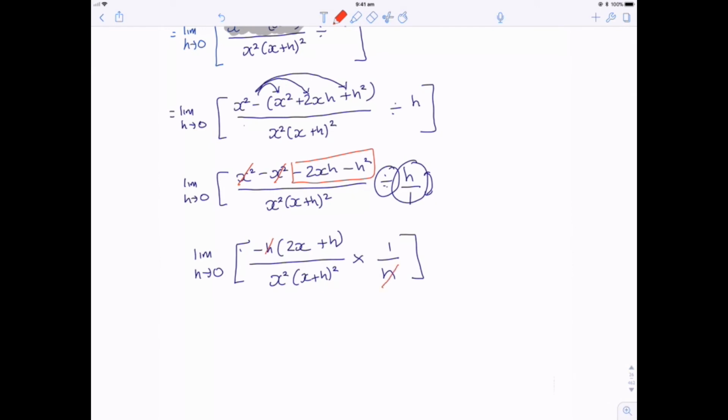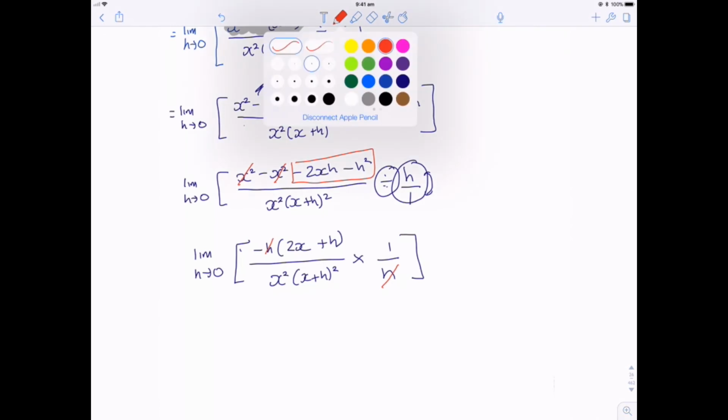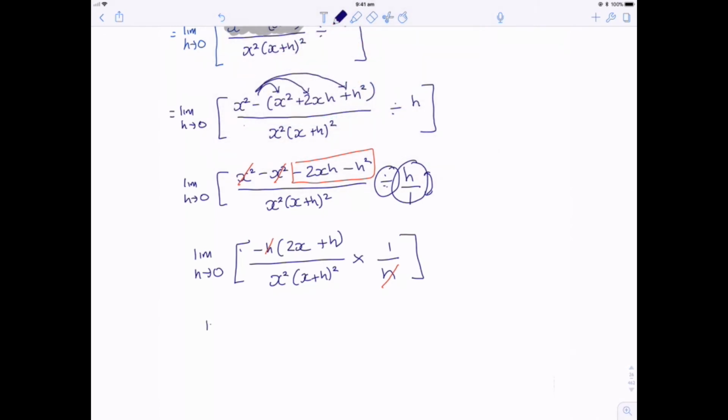And then this h actually cancels with this h, because we have an h on the numerator and h on the denominator. And so our derivative as h approaches 0 is negative brackets 2x plus h on x squared brackets x plus h squared.